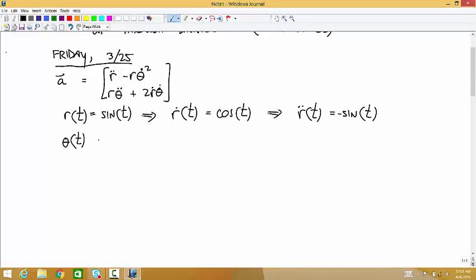Theta is cosine of 5t. So what does this motion look like? Can you picture what's going on here? Oh, I like your honesty.